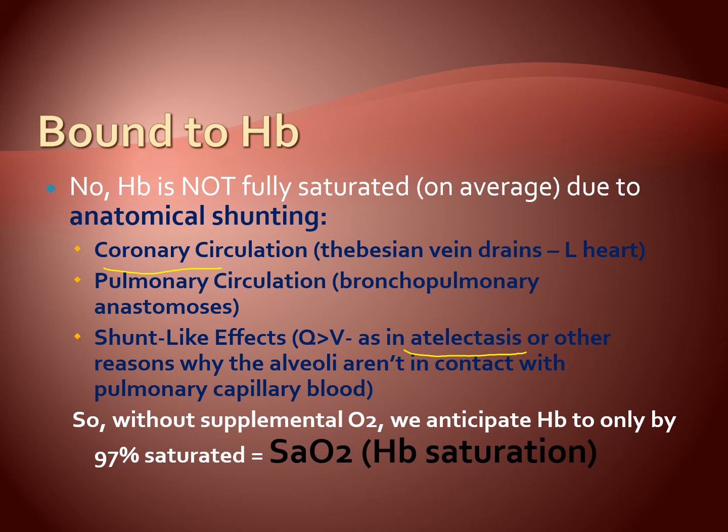So without supplemental oxygen, we can anticipate hemoglobin to only be roughly around 97% saturated, because we usually have 3% shunting. That's baseline, right? Leftover anatomical shunting. Remember, your heart is pushing down on your lung tissue, and that can create atelectasis, which is a shunt-like effect. So we're going to have a baseline 3% shunt.